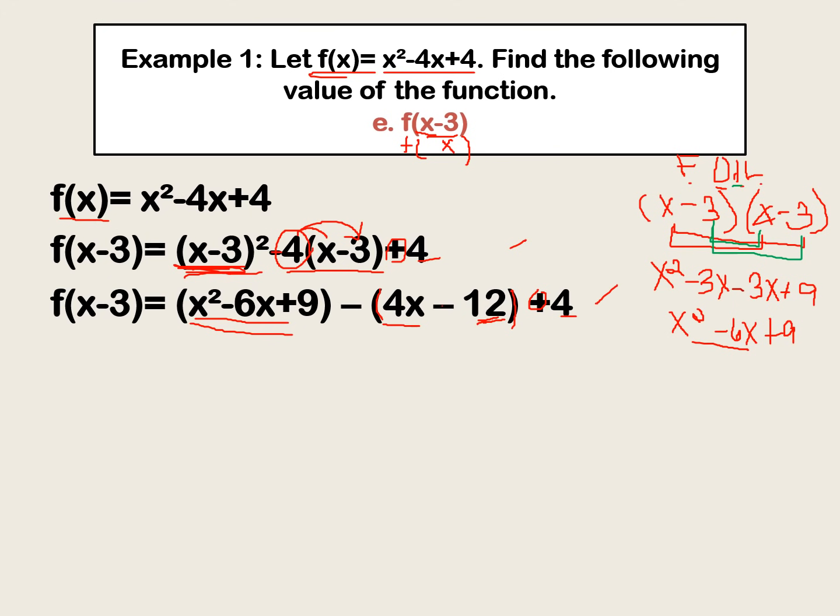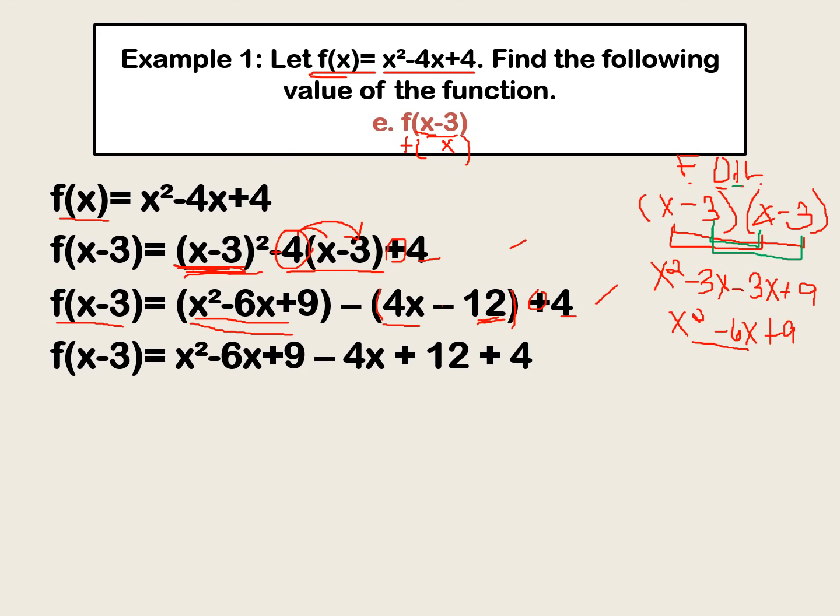Now, since tapos na tayo dito, let us simplify. Okay. Simplified. Copy lang ito, f of x minus 3 equals, so, alisin na natin lahat ng parenthesis dyan. So, ito, bababa lang, x squared minus 6x plus 9. Then, ito, negative, tapos meron tayong parenthesis, therefore, lahat ng terms dito sa loob ng parenthesis, mapapalitan sila ng sign because of this negative symbol.